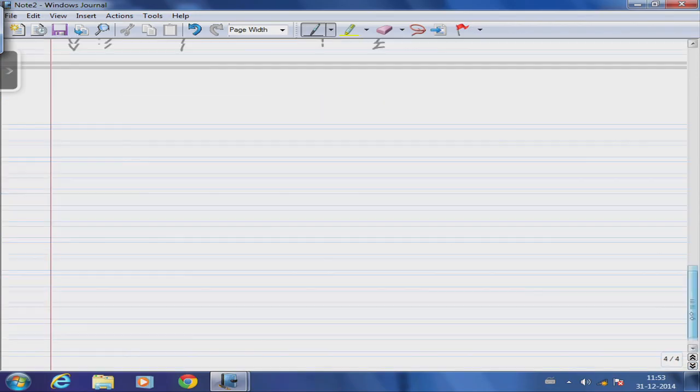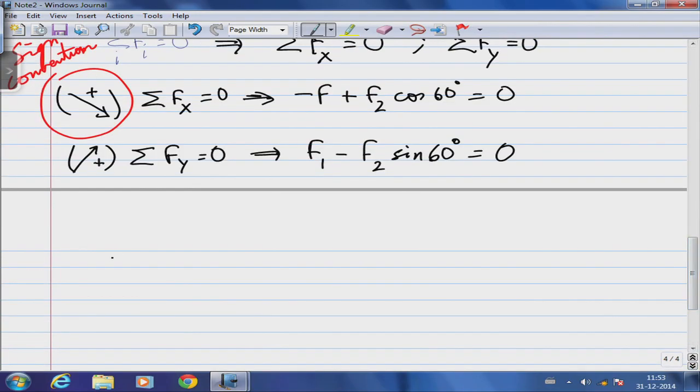So, let us go through and complete this. The first part says minus F plus F2, which has a magnitude of 98 newtons, cosine of 60 degrees is 1/2, equal to 0, and F1 minus F2 sin 60 equal to 0.